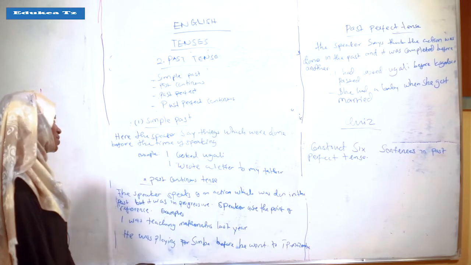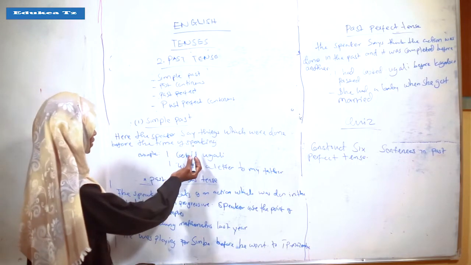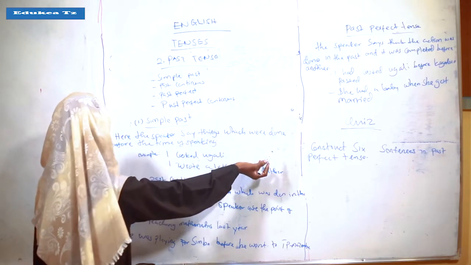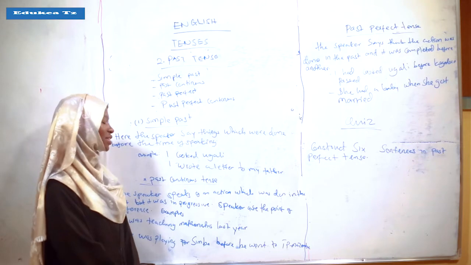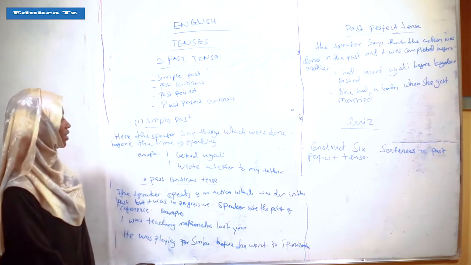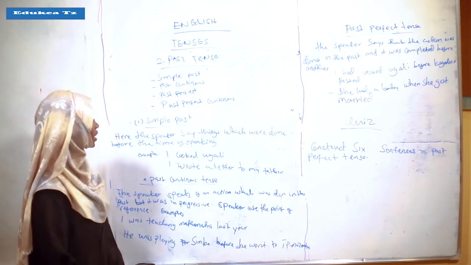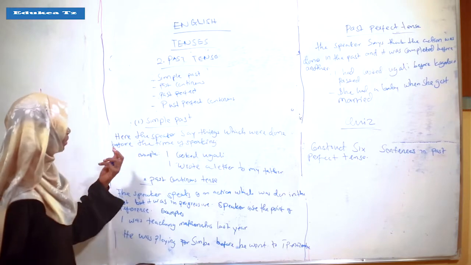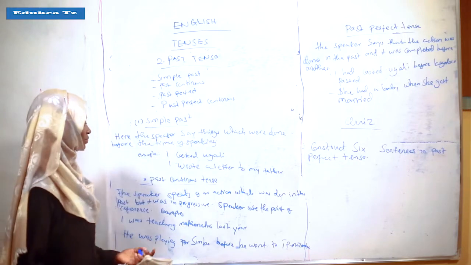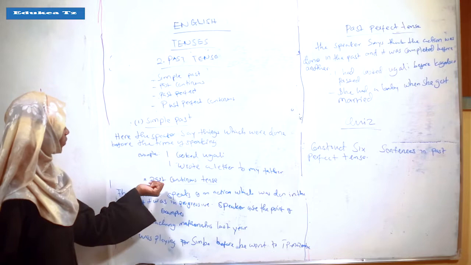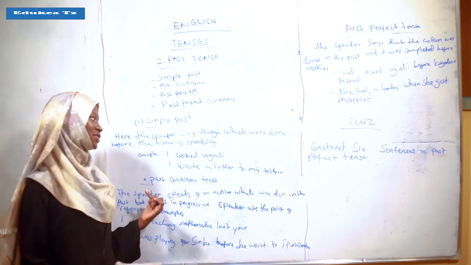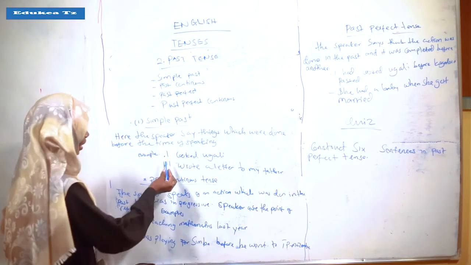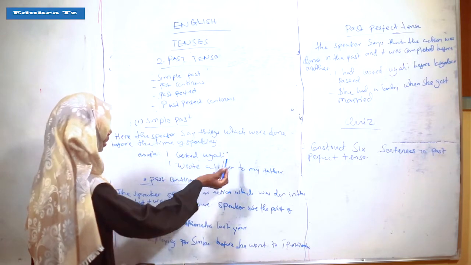Starting with the simple past. Here, the speaker is saying things which were done before the time of speaking. Its form is subject plus verb in the past form, as in I cooked ugali.